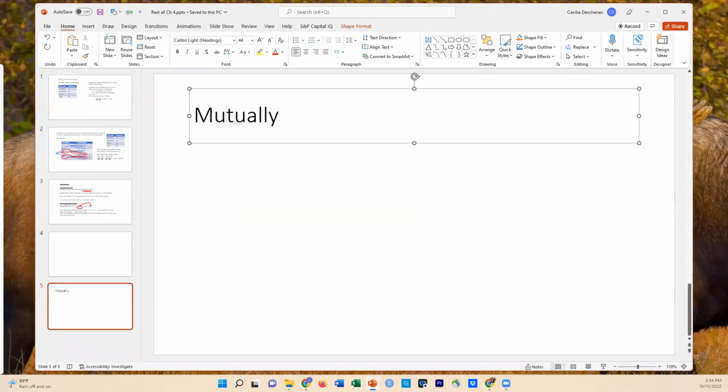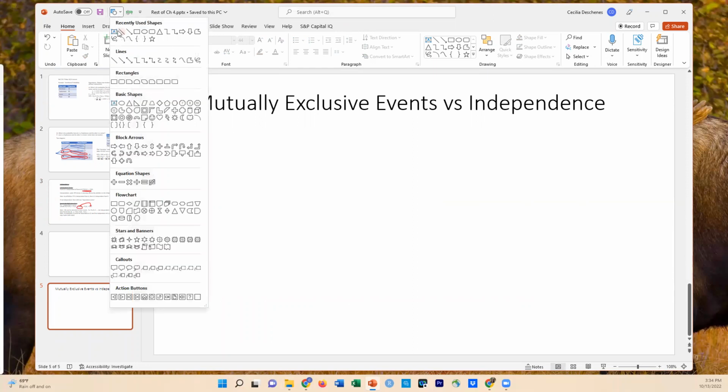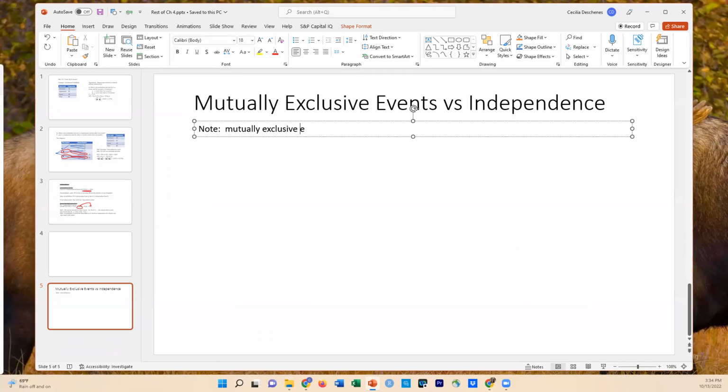So, mutually exclusive events versus independence. Mutually exclusive events are dependent.